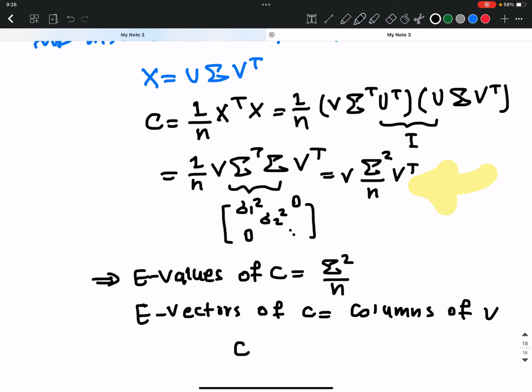I get V equals sigma square over n times V transpose times V. What is V transpose times V? Because it's again an orthogonal matrix, it's a very nice property of this SVD. It's an orthogonal matrix, so it's just going to be identity, right? So the right hand side would be identity.